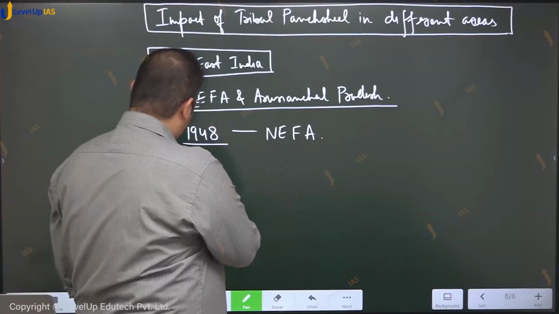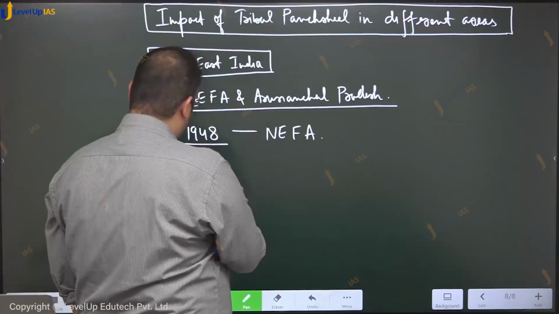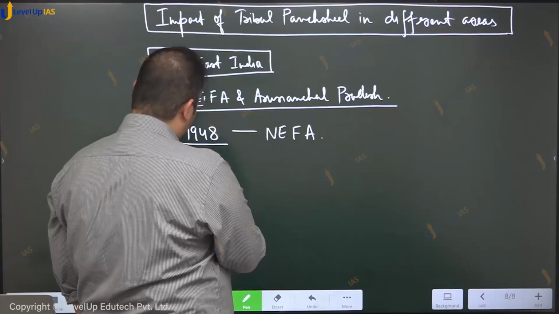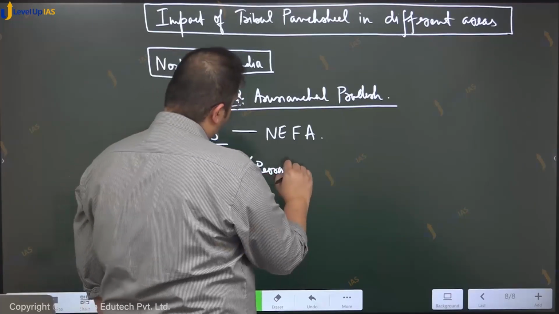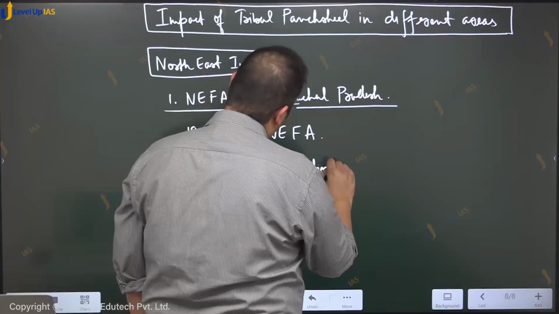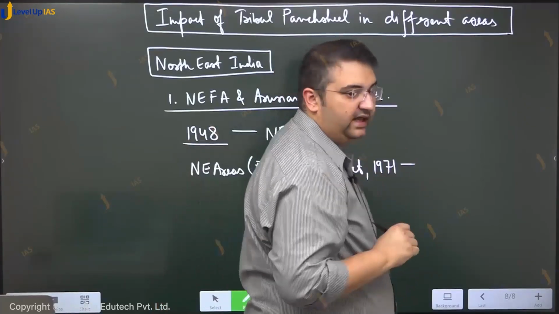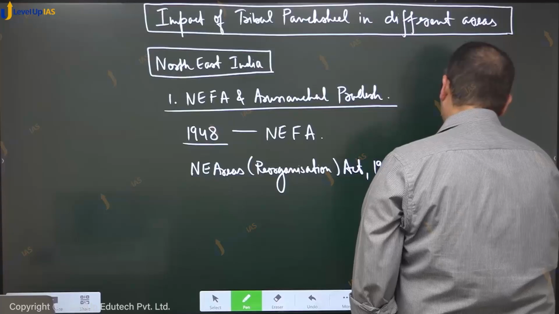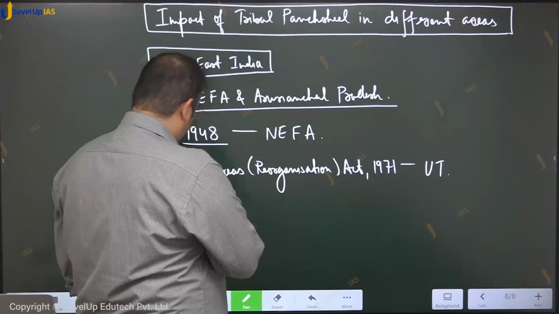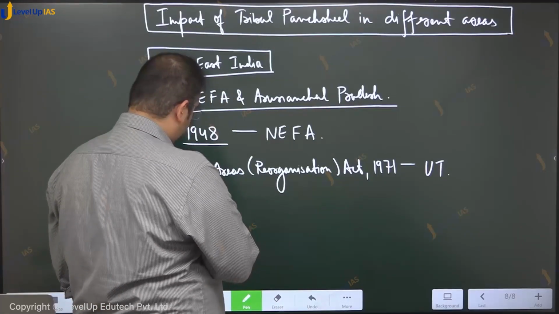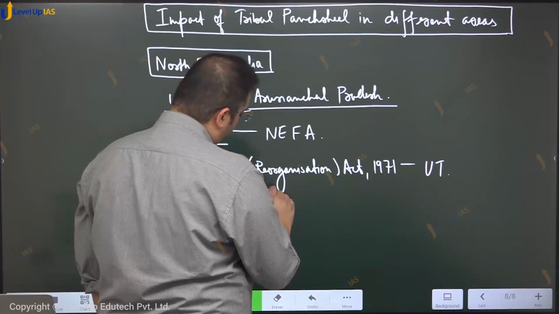Then, with the Northeast Areas Reorganization Act of 1971, NEFA was given the status of a union territory. And finally, in 1986, Arunachal Pradesh was given full statehood.